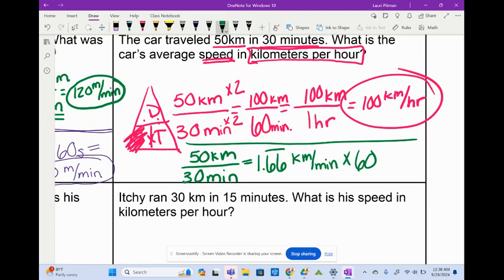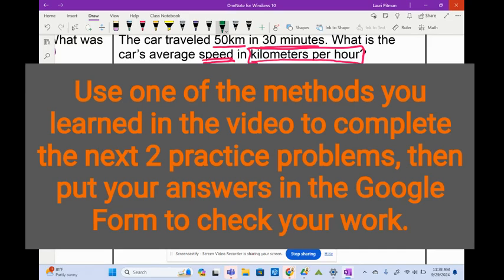That's going to give me 100, and there's a big long decimal, but we can just simply round, and that gives us 100 kilometers per hour. So you can choose either way. You do not have to show your work both ways. Choose whichever way we did it that makes the most sense to you.